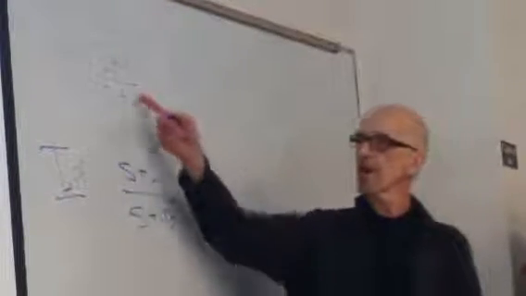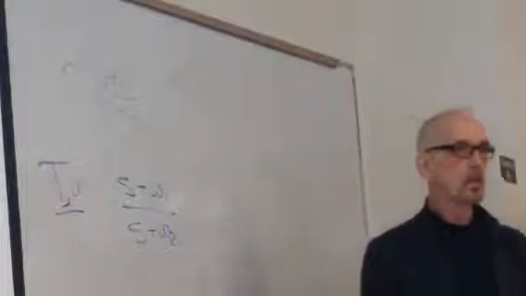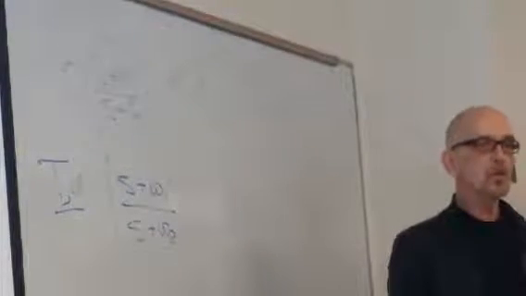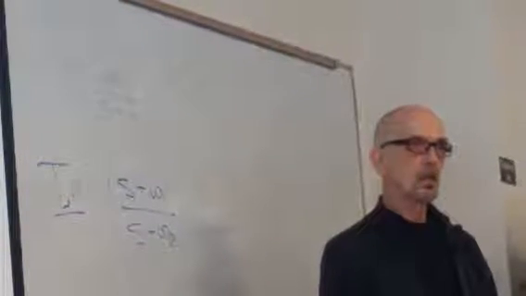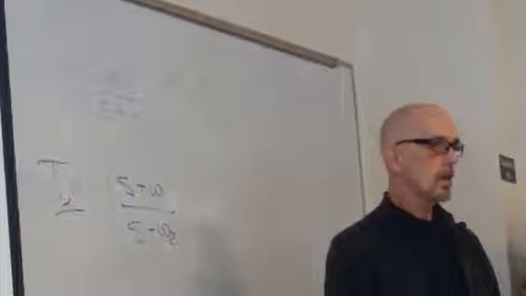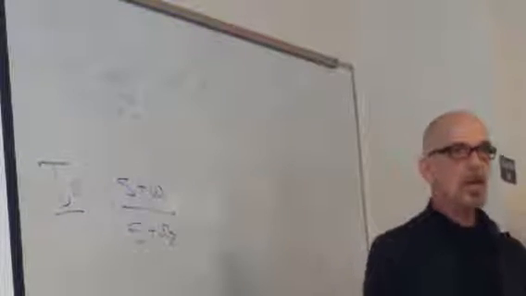Why is this preferred to this? If I ask you, what is alpha, and you've had a controls course, you know what you're going to tell me? Oh, it's the zero of the transfer function. All right? And what's beta? Well, beta is the pole.